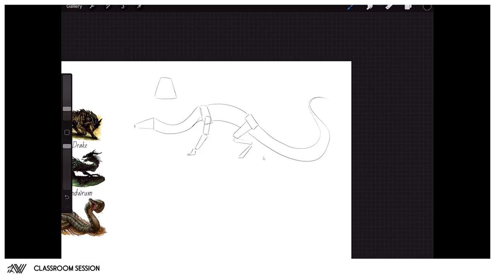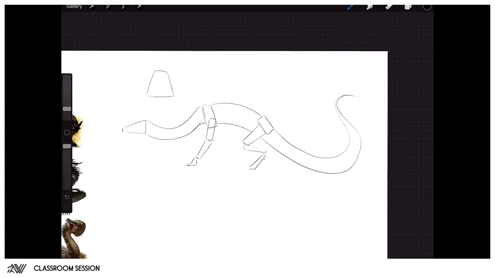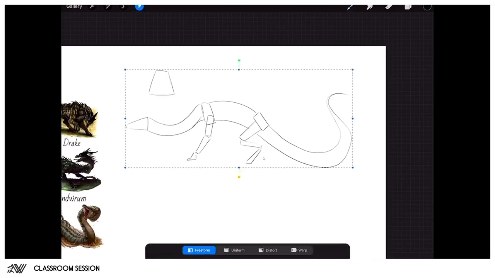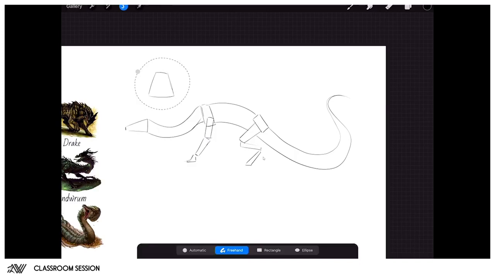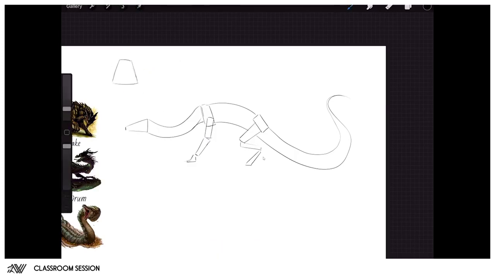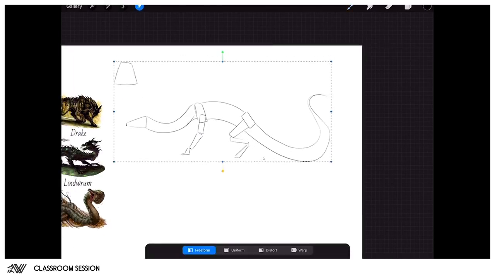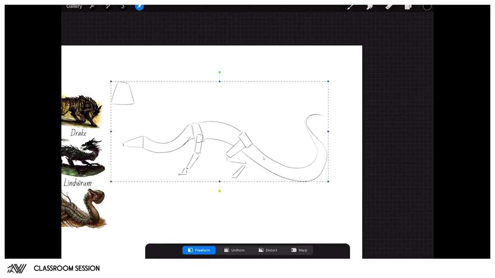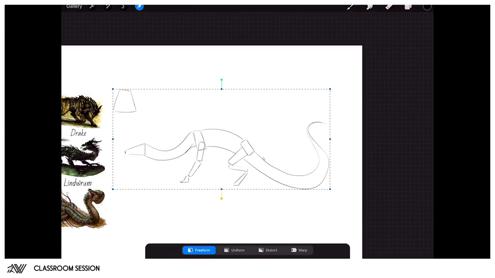Like I like to use a 1/3 to 2/3 principle, where 2/3 of the dragon is tail and then 1/3 is body. Yeah, the Dogo dragon.